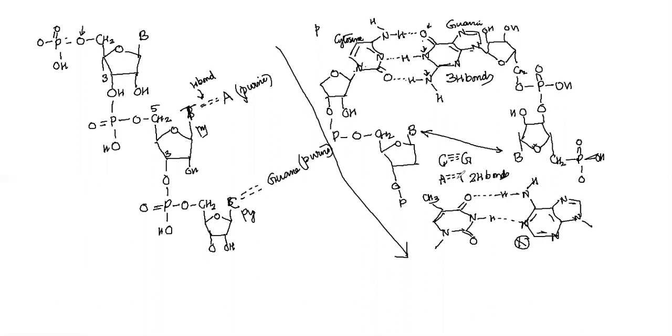Adenine and thymine bonding is weaker because it contains only two hydrogen bonds, while CG bond is stronger since it contains three hydrogen bond sites. Okay, so this is the structure of DNA.